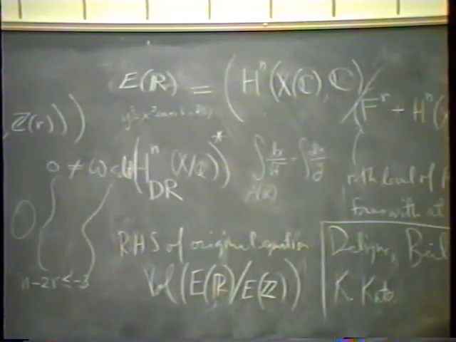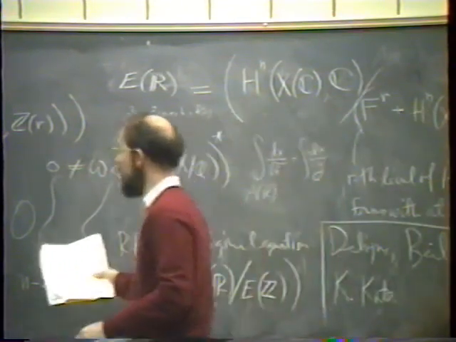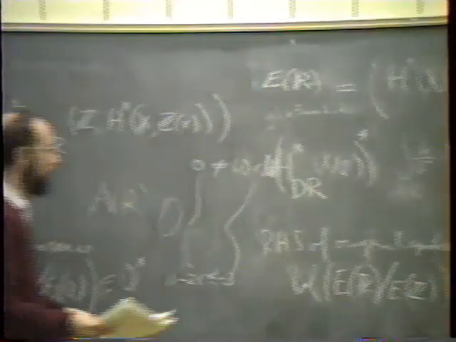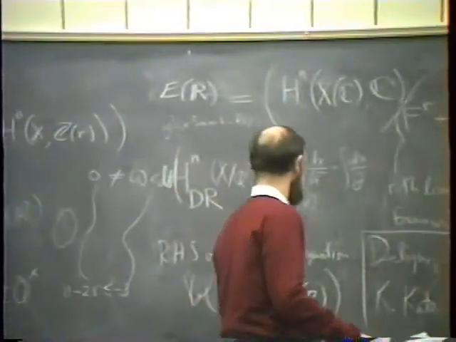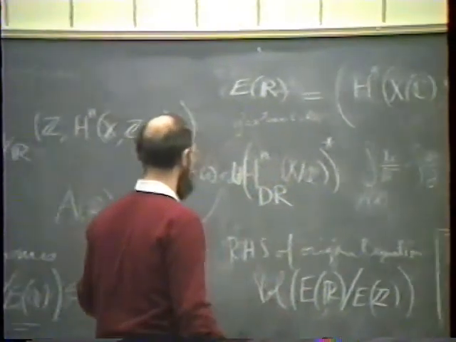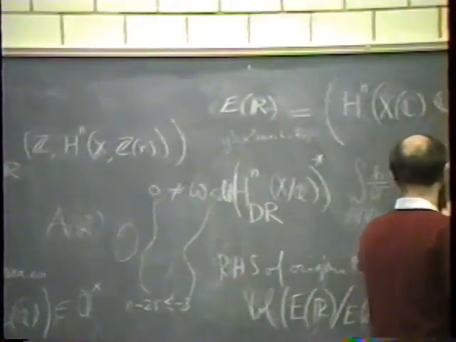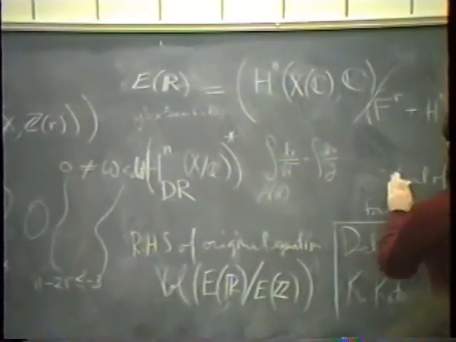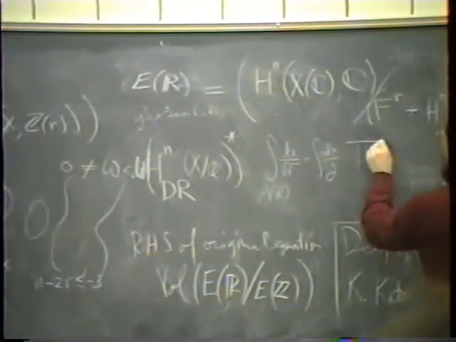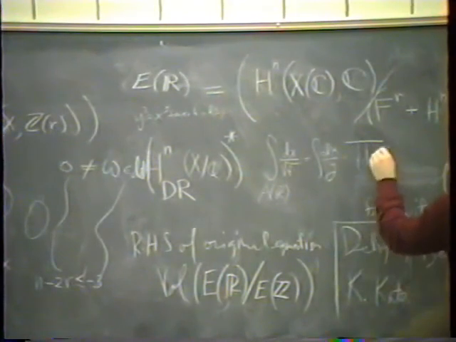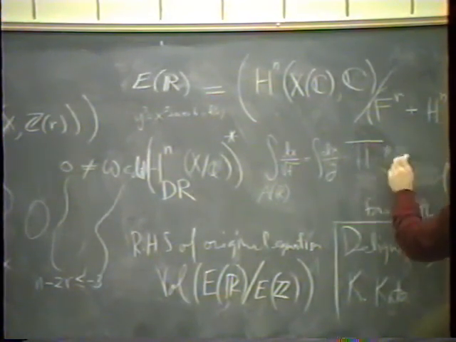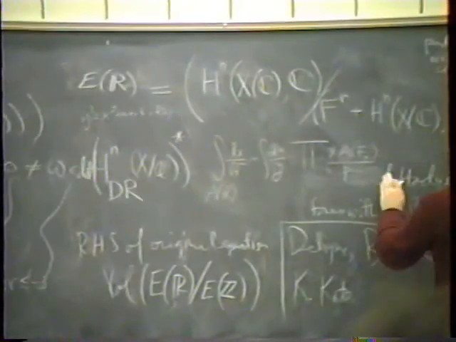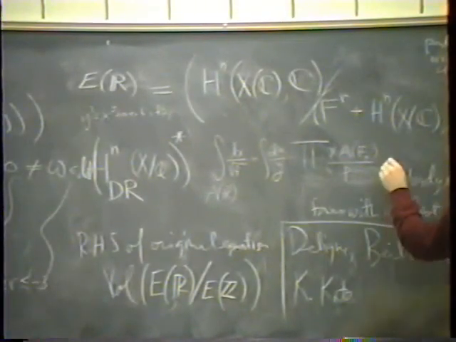And the conjecture says that this elliptic integral multiplied by the product of the number of solutions on the elliptic curve mod p divided by p should be that.